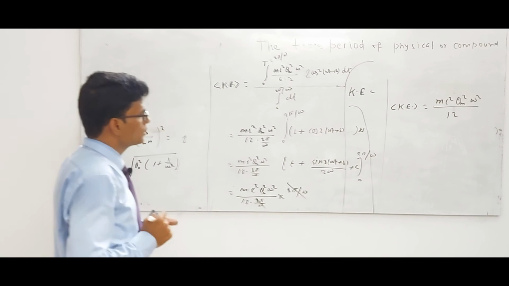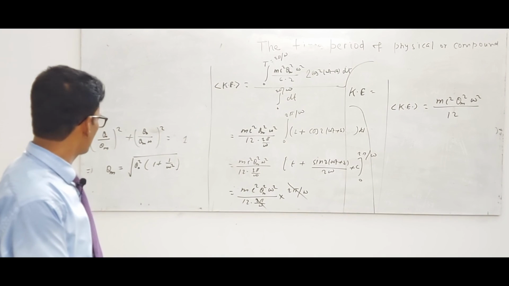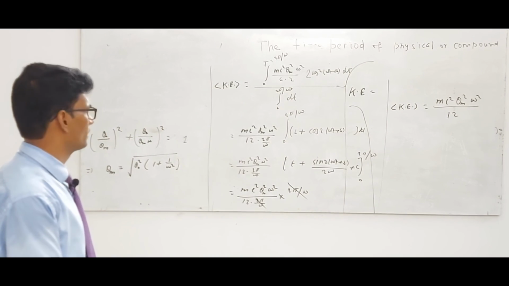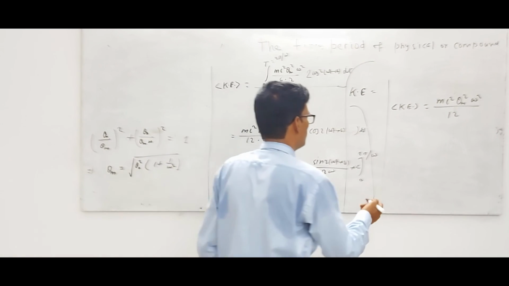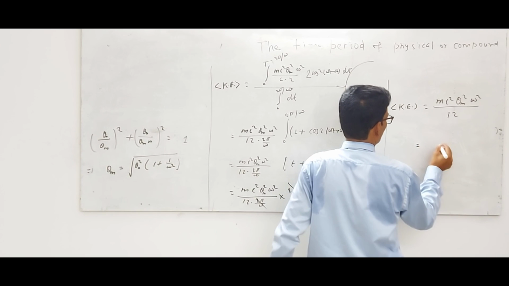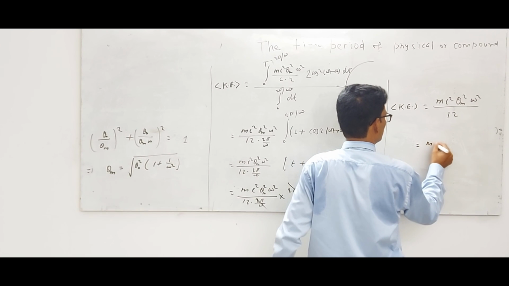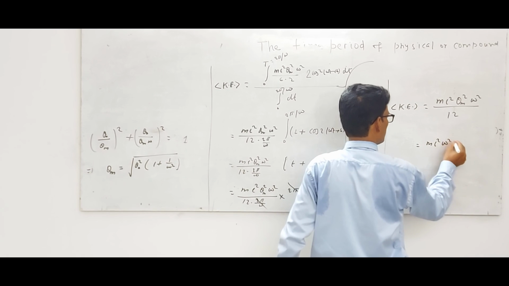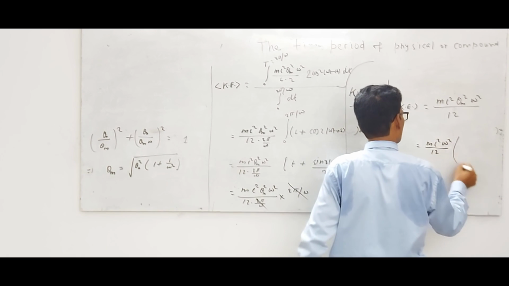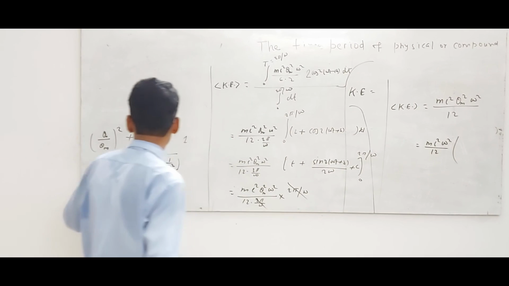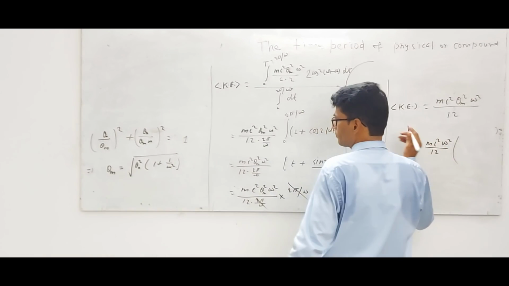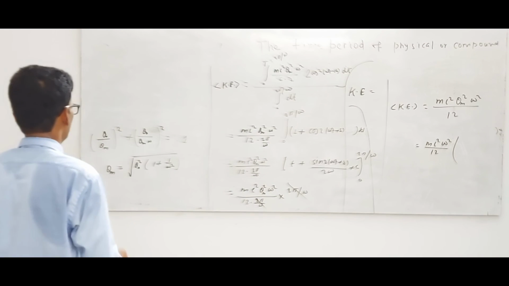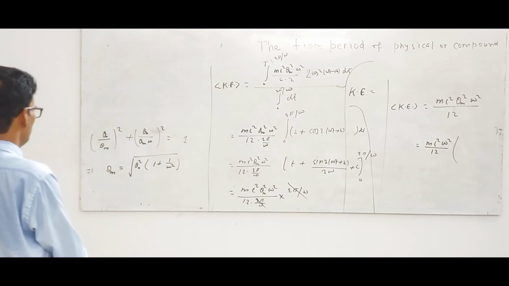Now we have to use the value of theta maximum square and omega square. So now let us put the value of this. So here ml square omega square over 12 theta maximum square. From here, square, take square there, so theta naught square. It is a mistake here.